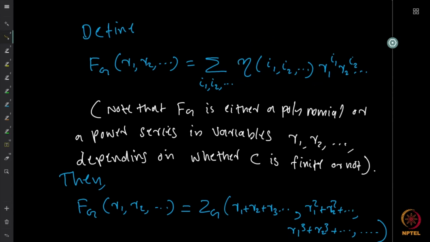Sum over all these and you will get this polynomial. It need not be a polynomial: if C is finite, then it will be a polynomial; if it is not finite, then you will get a power series.